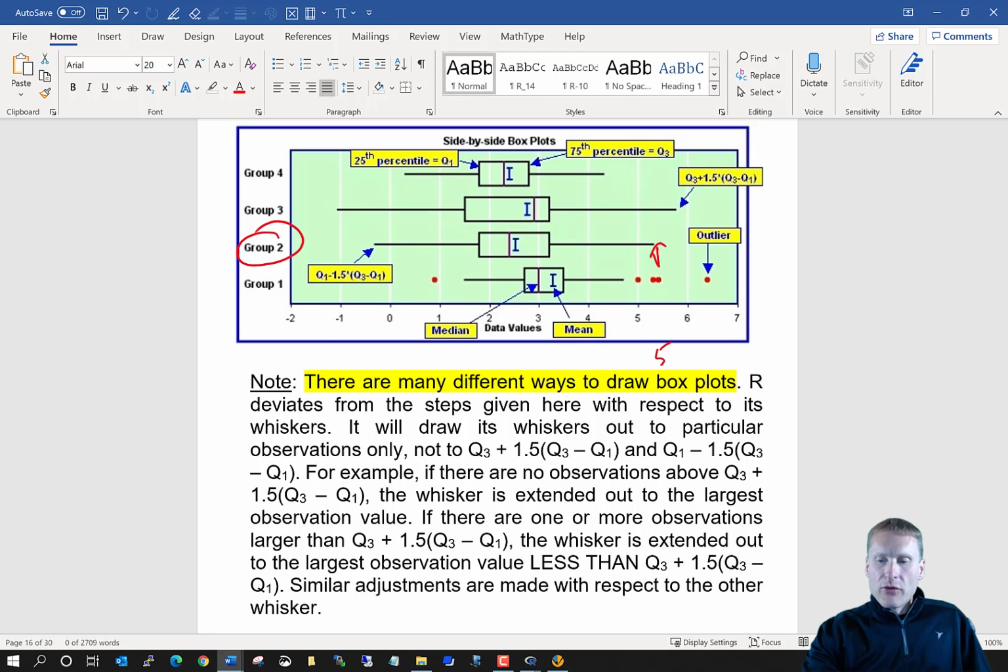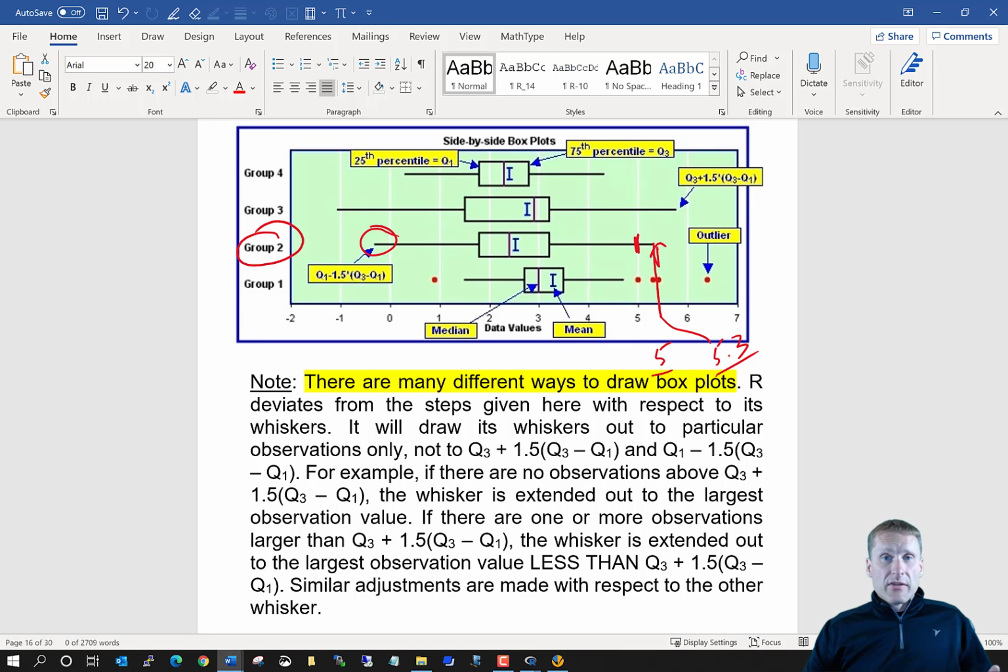And after doing my calculations of the 75th percentile plus 1.5 times the 75th percentile minus the 25th percentile, let's say that might be about 5.3. R will say, okay, this rule of thumb says to go out to 5.3, but my largest observation was 5 instead. So let's just cut that whisker off right there. That's how R draws its plot. And it does a very similar thing on the left side of the plot too.